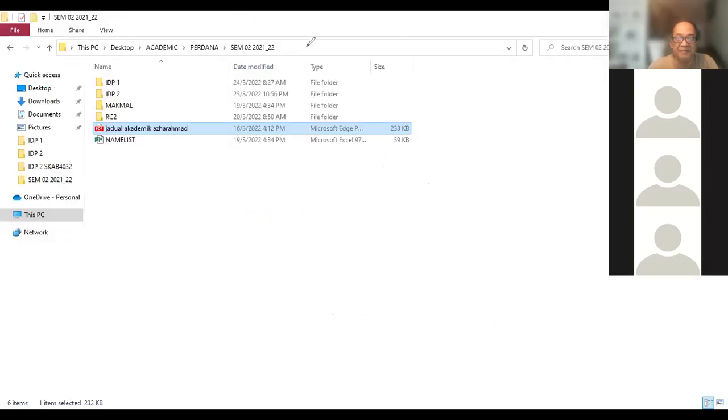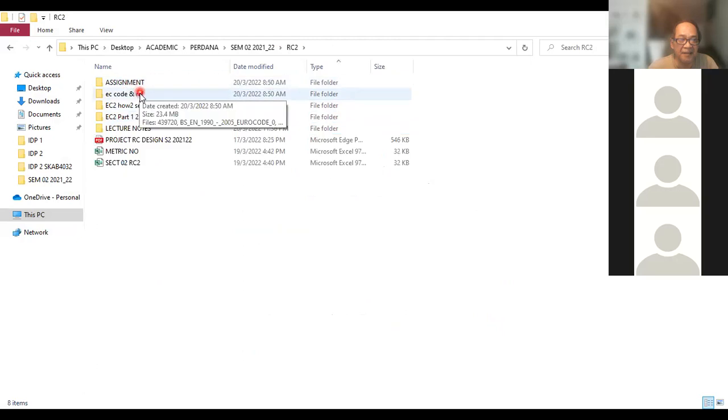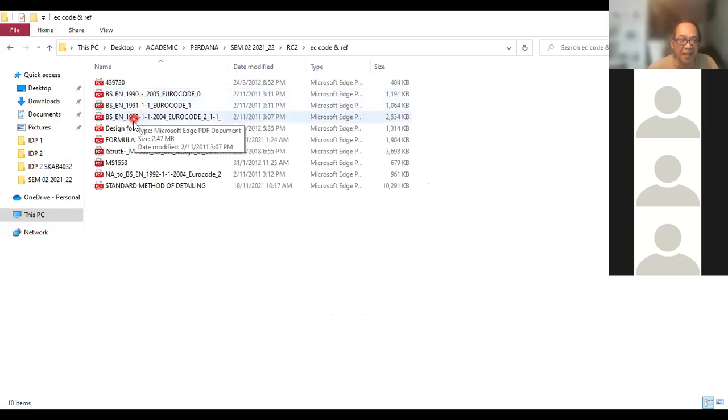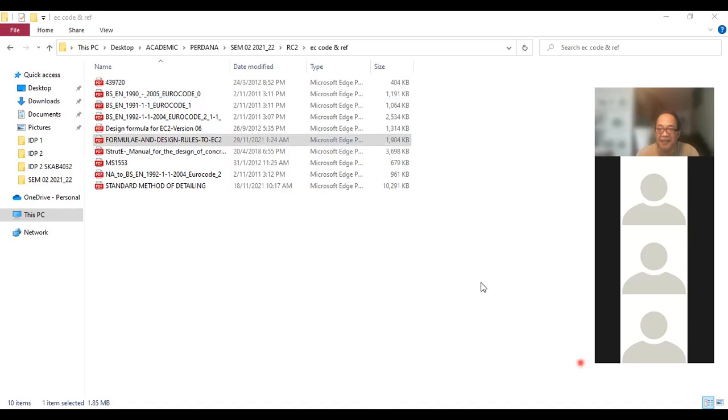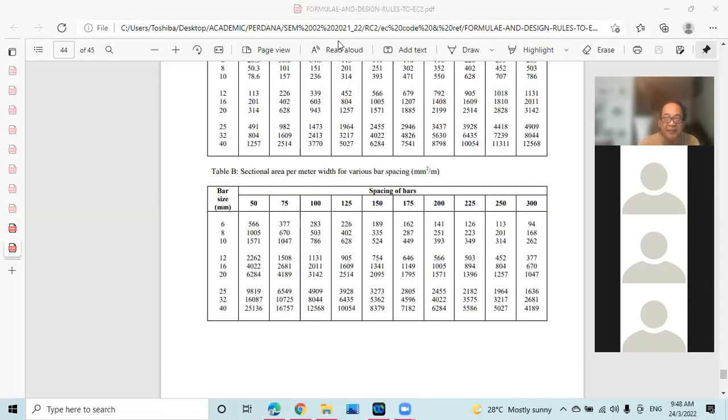Wait a moment. I go into RC2, Eurocode. And let's have a look at this one. New share. I'm looking at this. Okay, this is the table, the steel table.